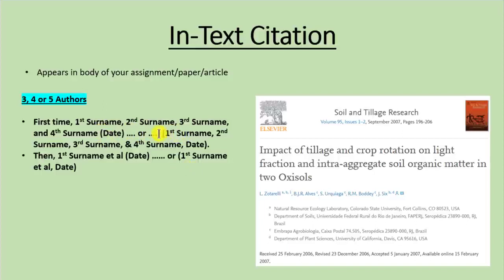Or at the end of the sentence, bracket first author surname, second author surname, third author, and then comma and date. And in subsequent sentences, you can just write first author surname et al. date, or bracket first author surname et al., comma, date.